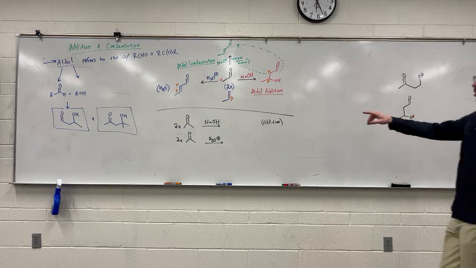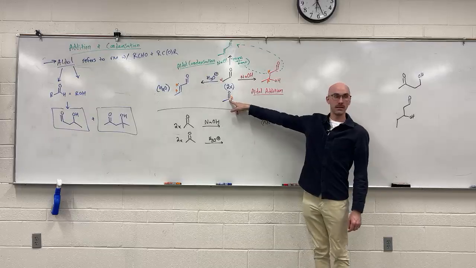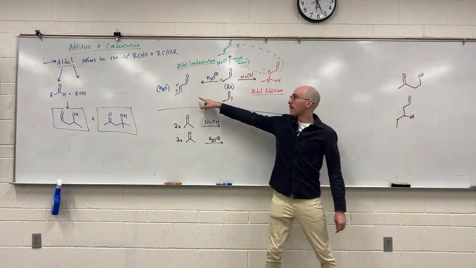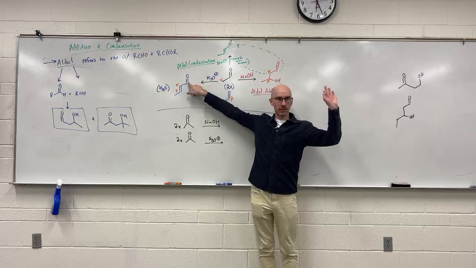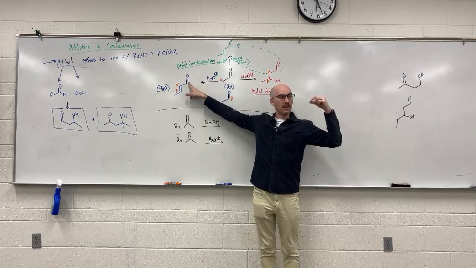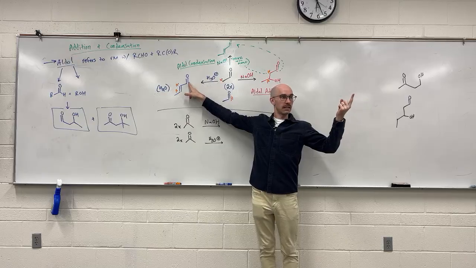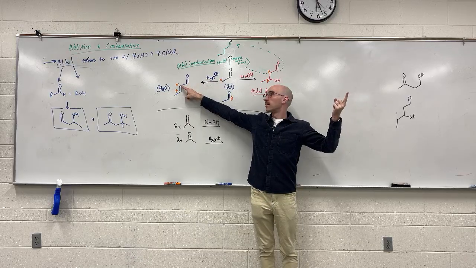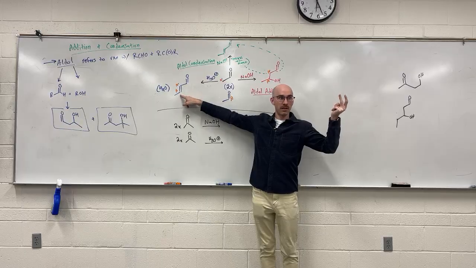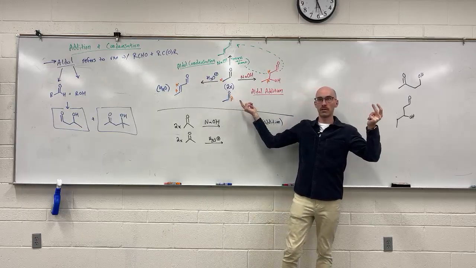Beta is a carbonyl carbon. Beta is not an alpha carbon. Okay, so here's the carbonyl, which does not have a name. We just call it carbonyl carbon. The first carbon off is alpha, then beta. Where did this beta come from in the final product? It was a carbonyl carbon.